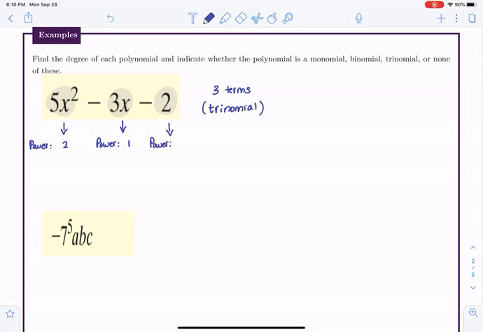If an x term is not there, then the power is simply 0. The reason being x raised 0 is 1. So anytime you see 1, you can simply put it as x raised 0. And we are to pick the highest of the three. So the highest would be 2. So the degree of the polynomial here is 2.